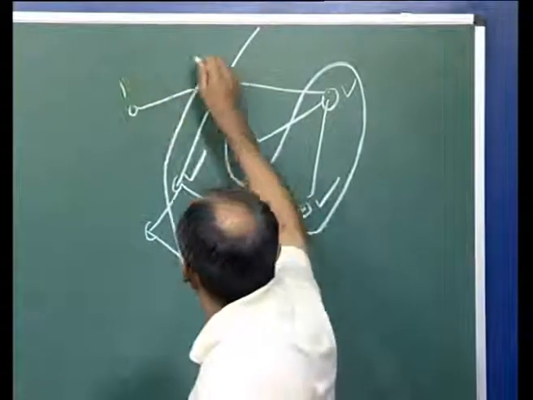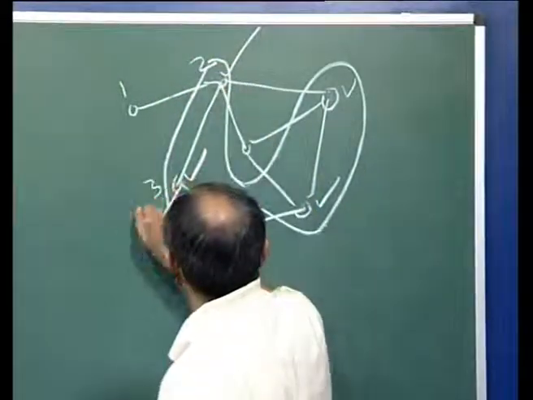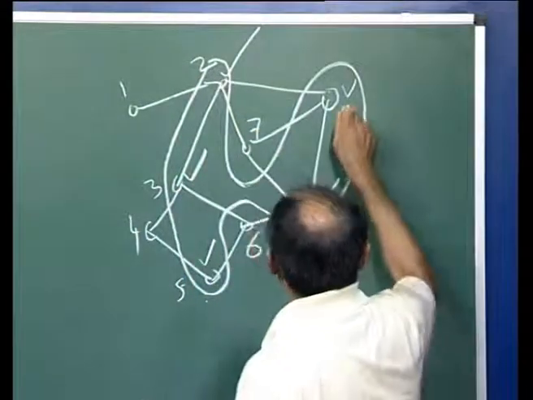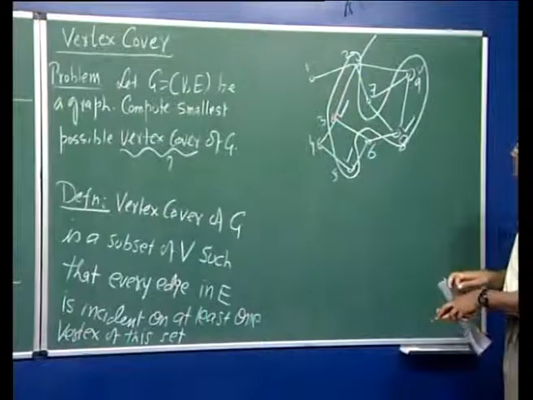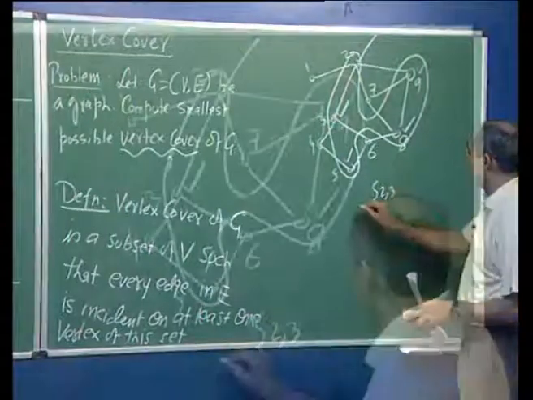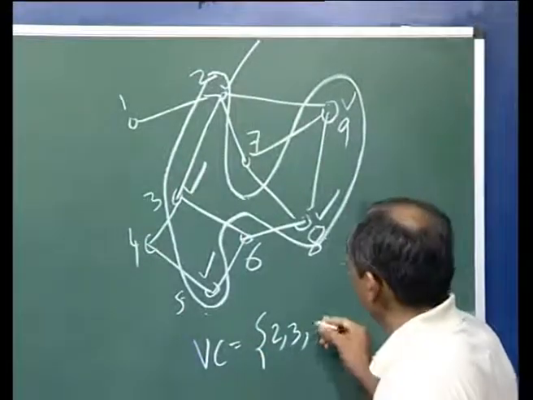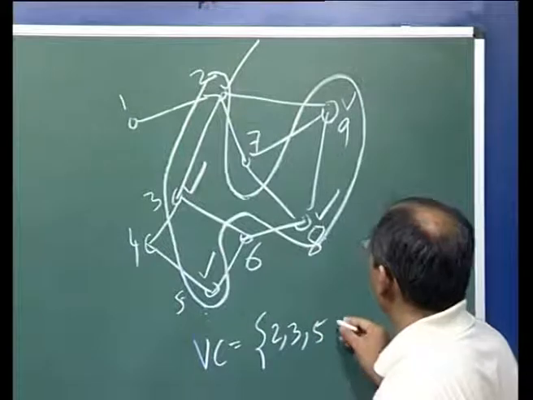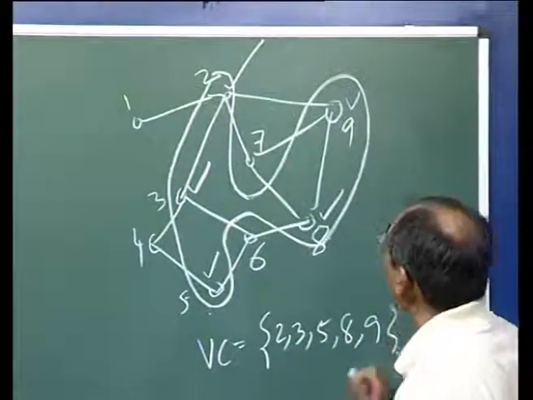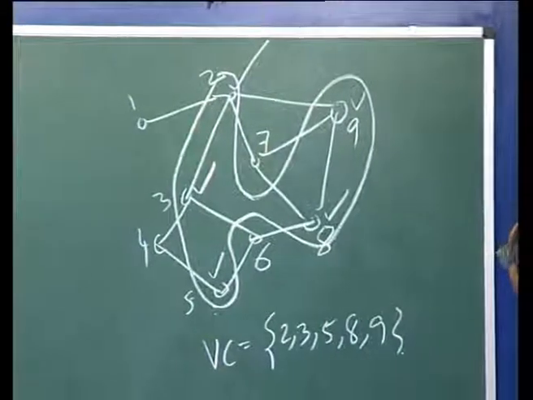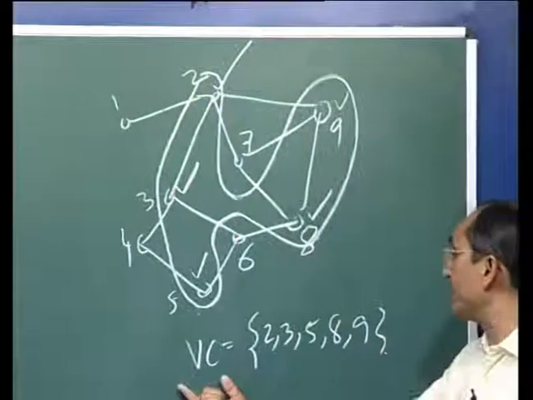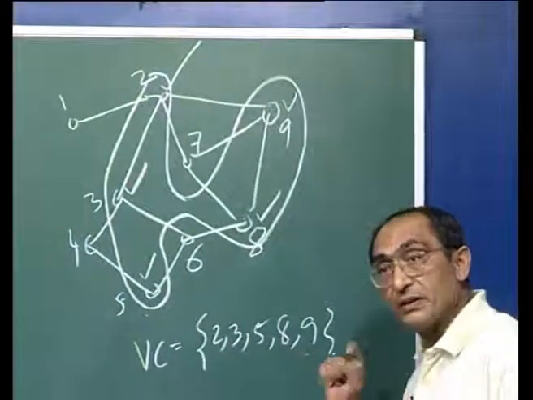So, if I label them 1, 2, 3, 4, 5, 6, 7, 8 and 9, then one possible vertex cover is 2, 3, 5, 8 and 9. Okay. So, this is a possible vertex cover. The size of this vertex cover is 5. There are 5 vertices in it.